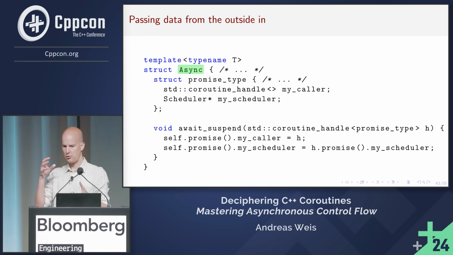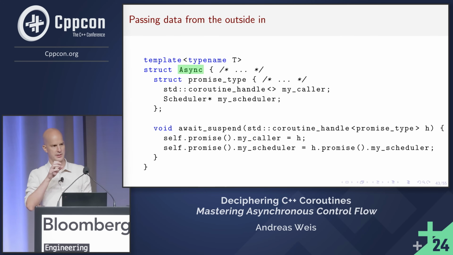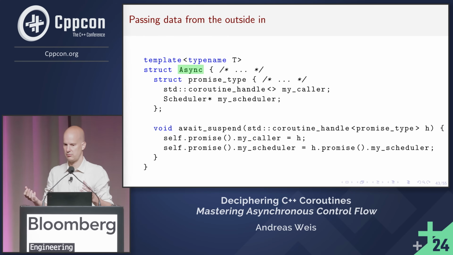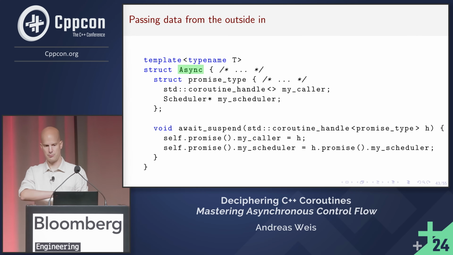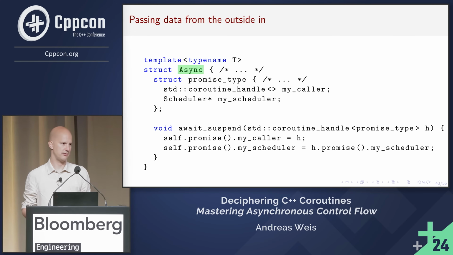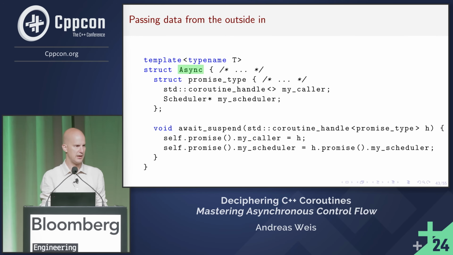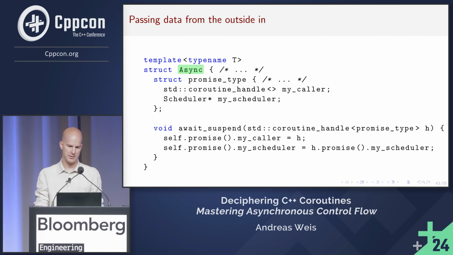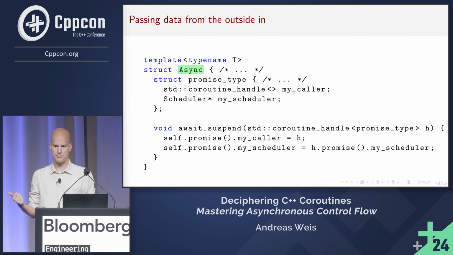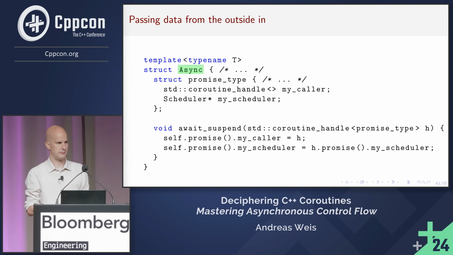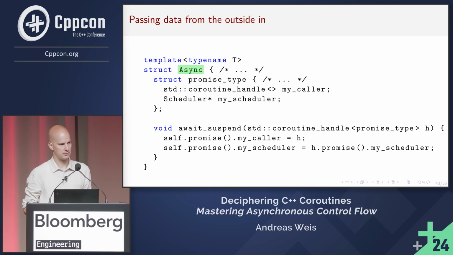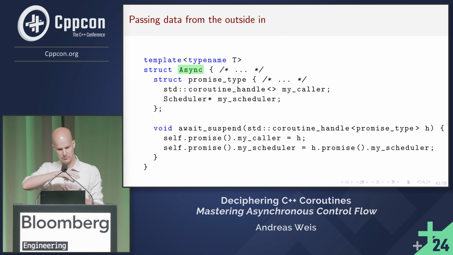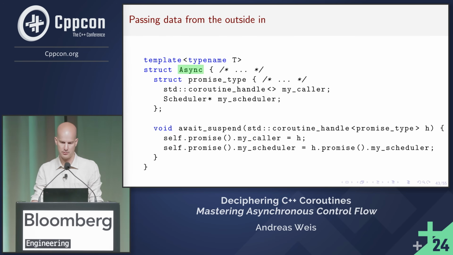At the point when I'm in the await suspend where I establish that link, instead of just saving the handle, I can also pull out other information that my caller already has and propagate that down. So if my caller already knows about the scheduler, then at this point I can just pull it out and save that information in my own promise. So now we're propagating information the other way down the call stack.